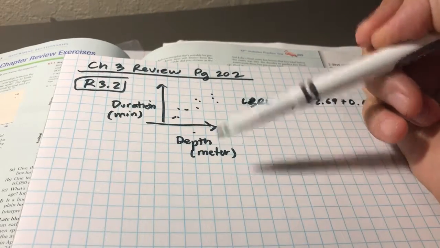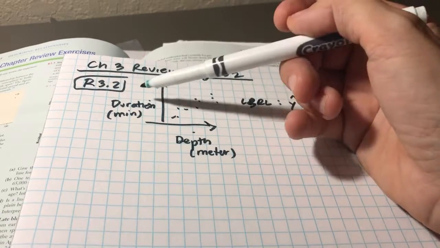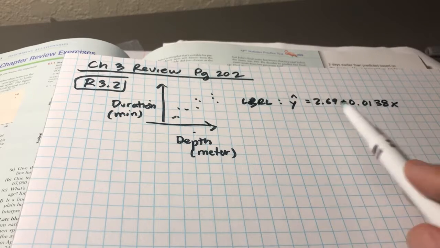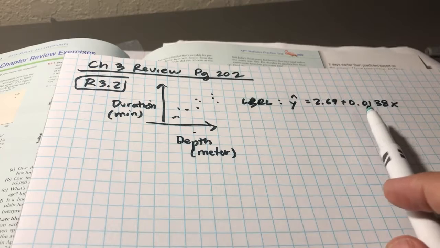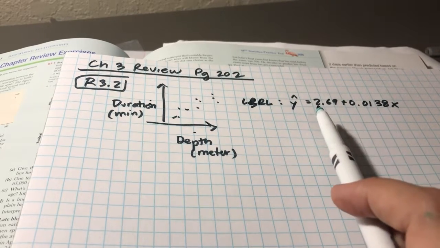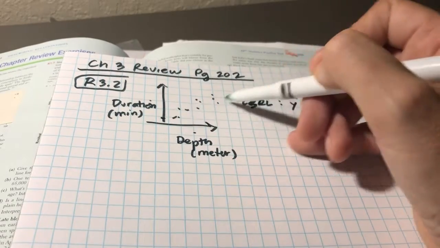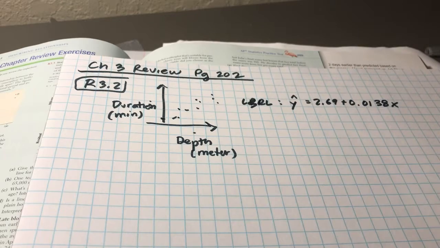This is the explanatory, this is the response, because they told me this is the x, this is the y. I know to make dots going up because this is a positive slope. It doesn't look like a very big slope. I also noticed the y-intercept is somewhere at 2. So it's basically at 2 and going up, but not a whole lot.